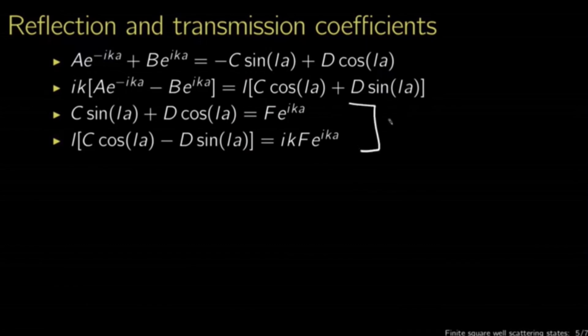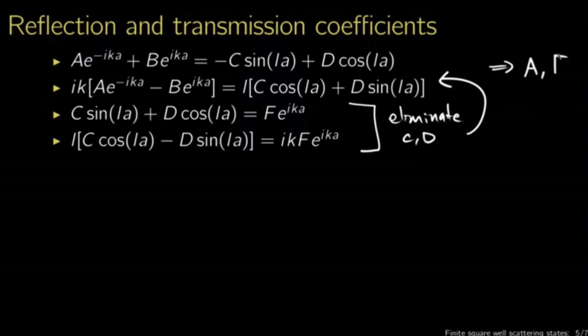Use these 2 equations to eliminate C and D in these equations, and what we'll be left with then is equations involving A, B, and F. I always forget about B. By using these 2 equations, you can eliminate B and just get an equation with A and F. These are the same sorts of operations you are familiar with from solving systems of equations.